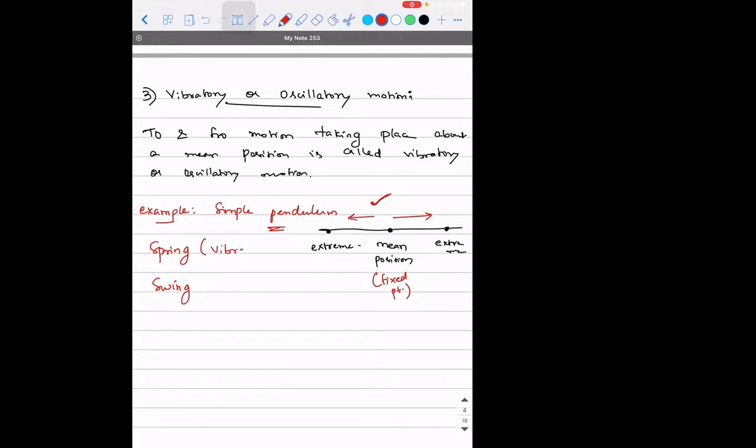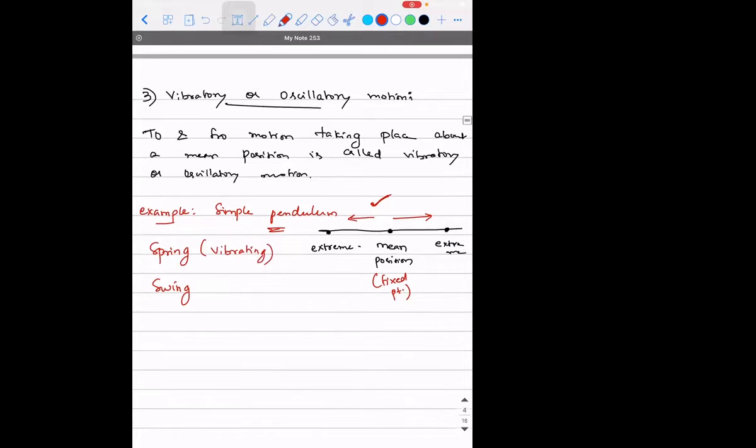The spring which is vibrating, the swing which is oscillating. We call it either vibratory motion or oscillatory motion. Is it clear? Yes, sir.